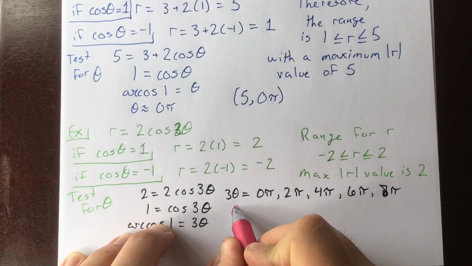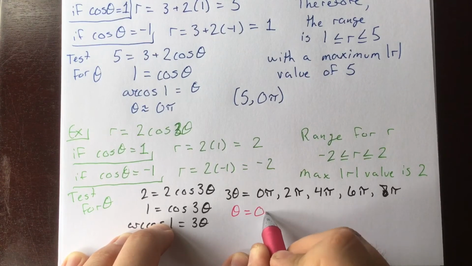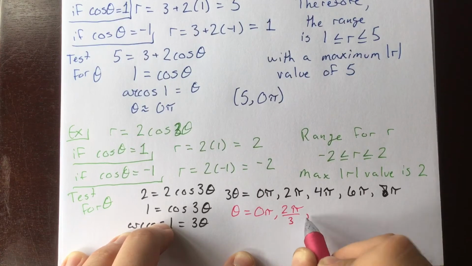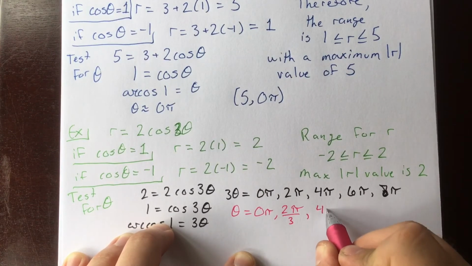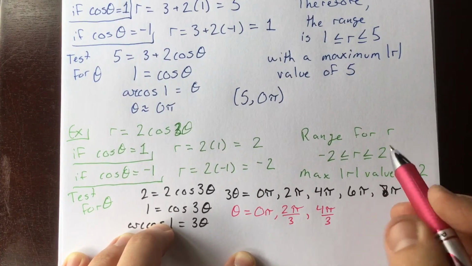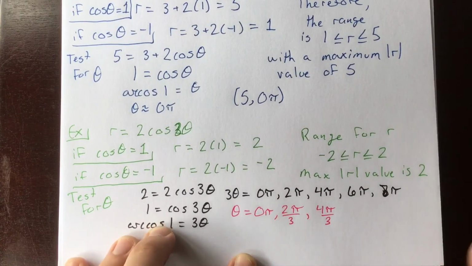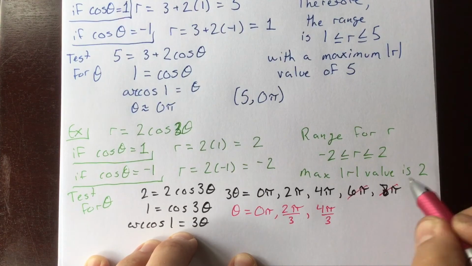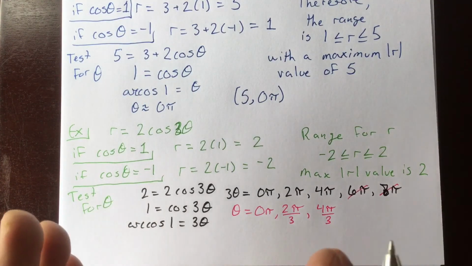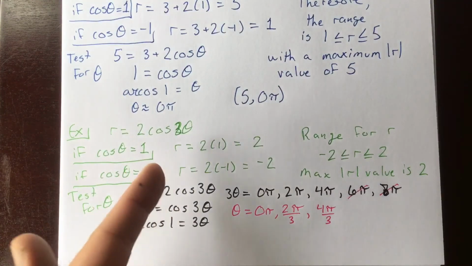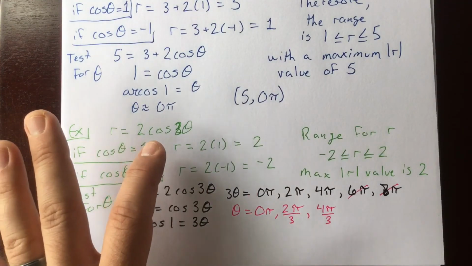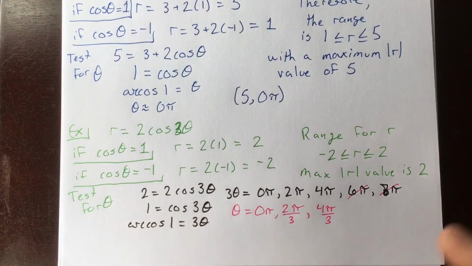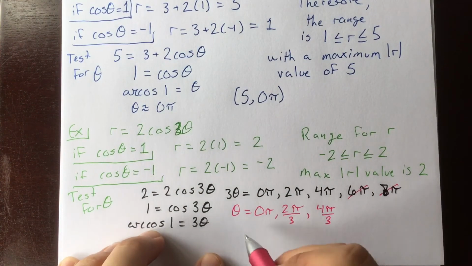So we divide by 3 and we get, well, 0 pi again. We get 2/3 pi, all right. 4/3 pi. We divide 6 by 3 and we get 2 pi, and that is where we stop. Okay, so in this polar curve, r equals 2 cosine 3 theta, we have 3 angle measures that give us our maximum value.